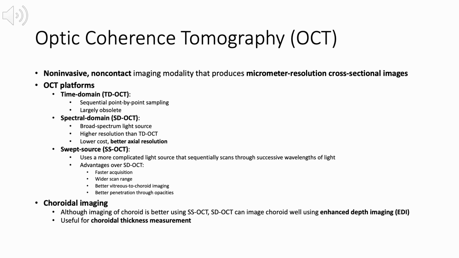As imaging moves from en-face visualization to cross-sectional analysis, optical coherence tomography has become a central tool in retinal diagnosis. OCT is a non-invasive, non-contact imaging modality that produces micrometer-resolution cross-sectional images of the retina, allowing detailed assessment of retinal and choroidal microstructure.